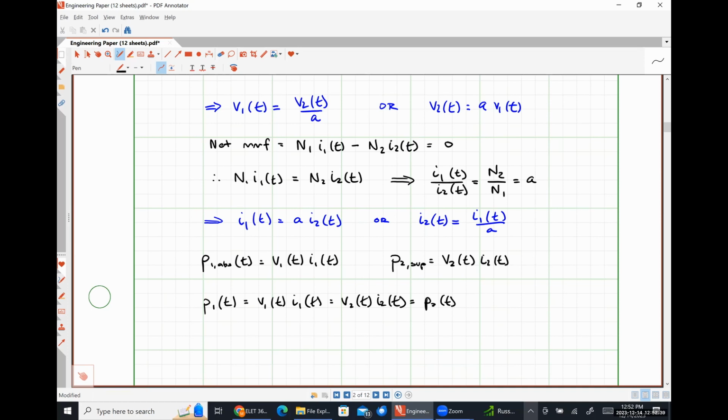So what does this tell us? Well, if we have a step-up voltage transformer, the current has to be stepped down in order for the power to remain a constant quantity. Similarly, if we have a step-up current transformer for whatever reason, the voltage has to be stepped down in order to keep powers a constant quantity, right?